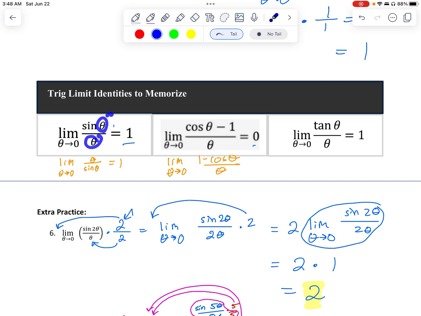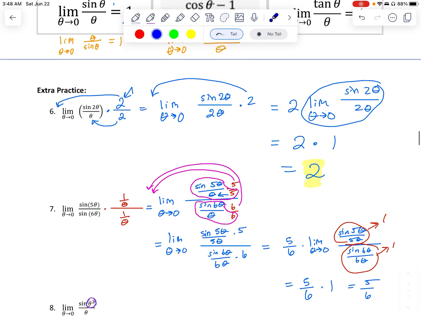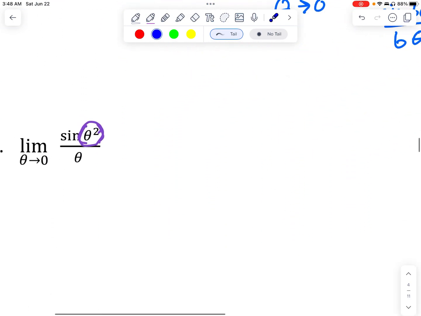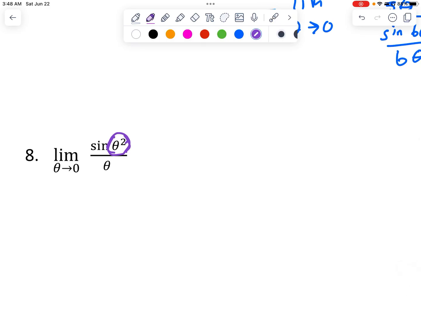With that problem, I have a theta squared in the numerator, so I need to get a theta squared in the denominator. Just like we did with the constants, where we multiplied by the missing piece, we're going to do the same thing here. So I'll multiply it by theta over theta. I get the theta squared that I want in the denominator, but I still have that extra theta in the numerator.